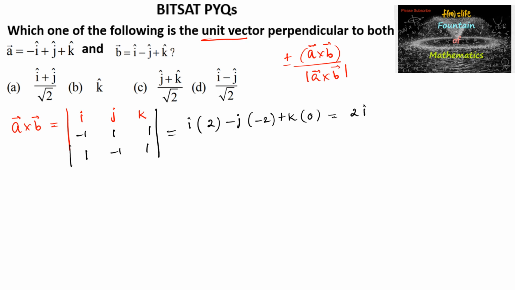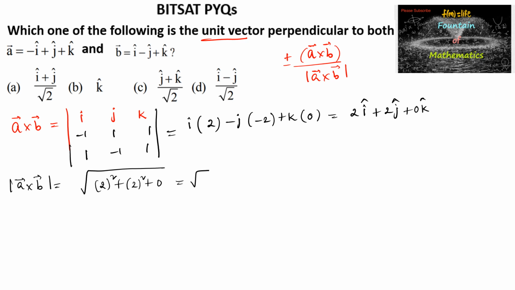So we can write 2i + 2j + 0k. Now |A × B| is equal to the square root of 2² + 2² + 0, which is 4 + 4 = 8, that is 2√2.